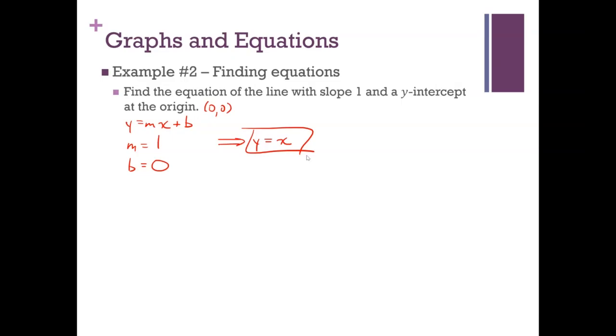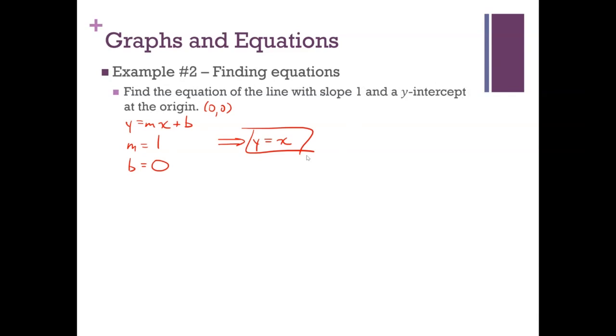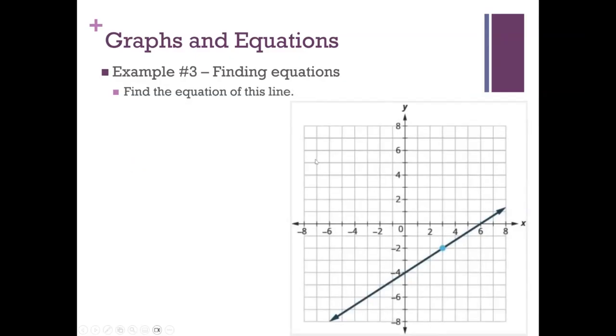So that slope-intercept form is pretty powerful. If we know that information, we can write that out pretty quickly. So we've done that a couple times. Any questions on either one of those? Okay. What about this one? Now let's go from me showing you a picture.